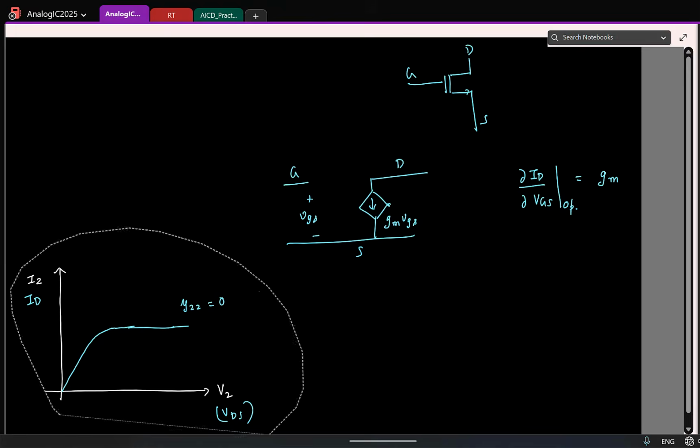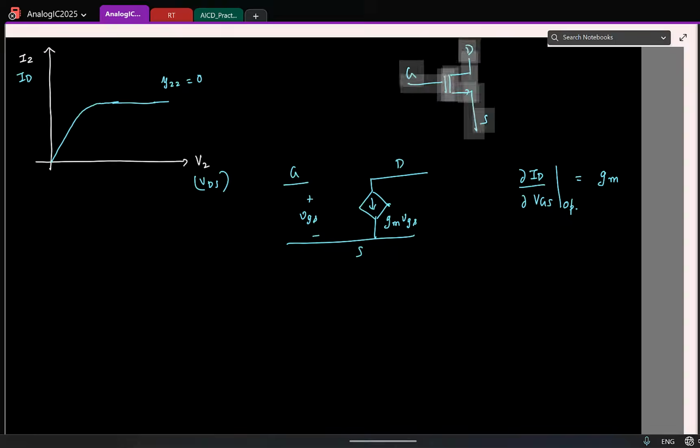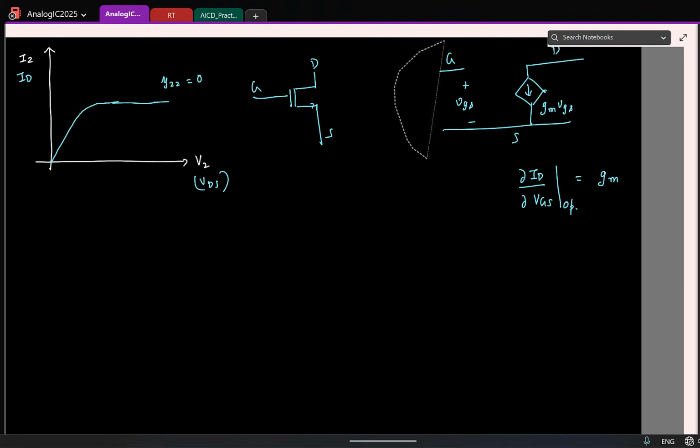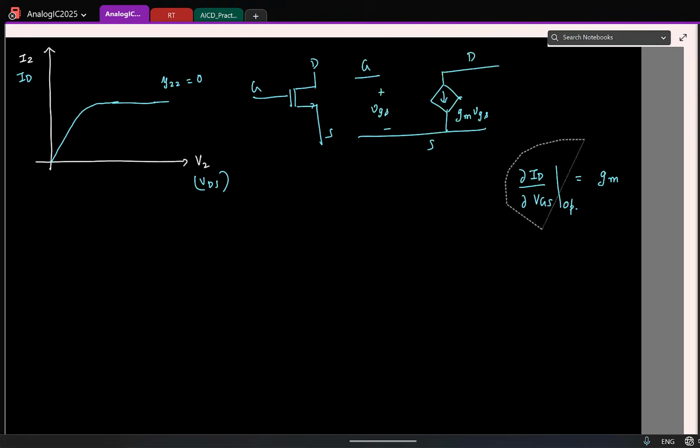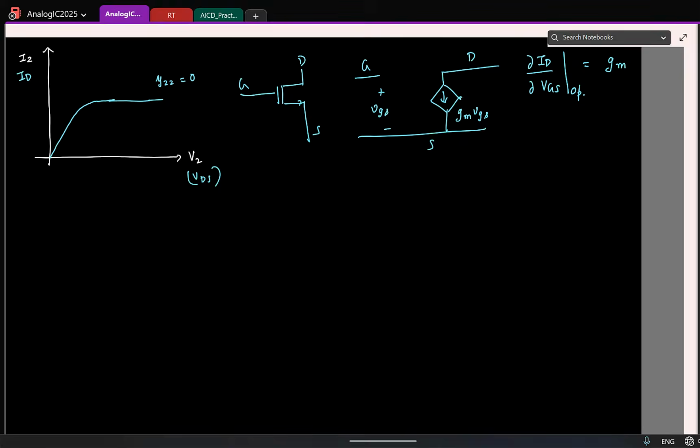So maybe I'll have this characteristic. Let me have the MOSFET symbol and the equivalent circuit.